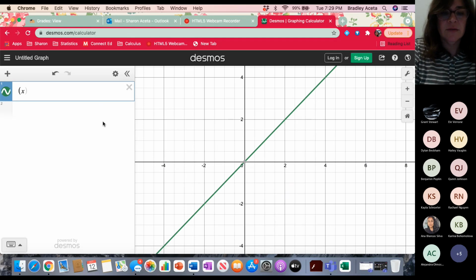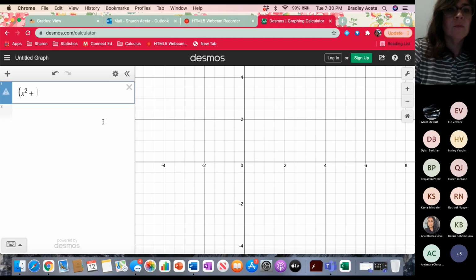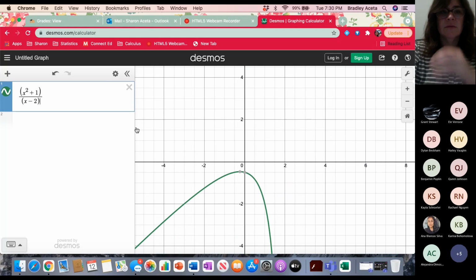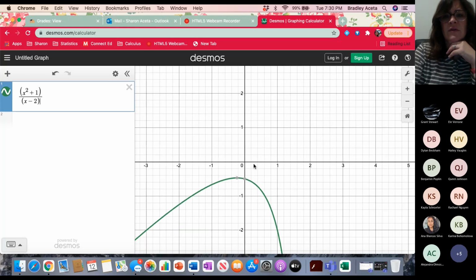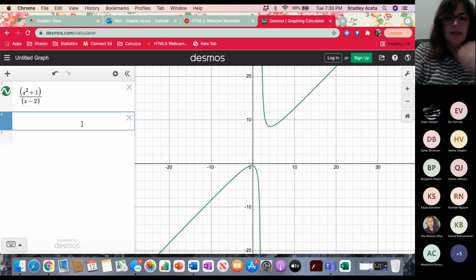So you have x squared plus 1 divided by x minus 2. Ooh, I can see the 1 curve. Let me see if I got, look at that. And not only that, I'm actually going to put my slant asymptote right here. So I want to see y equals mx plus b. So what was it?